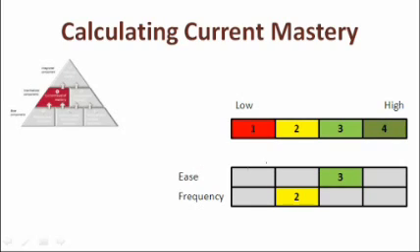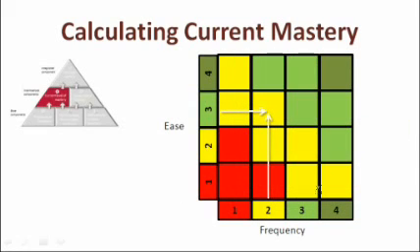So in this case, for example, you've got a competency overall that merits, let's say, a level 3 based on the 5 descriptors, and a frequency level of 2. We'll simply combine these. We'll cross these factors, ease and frequency, in a table.